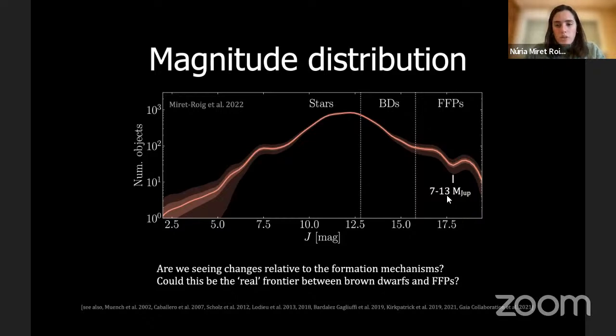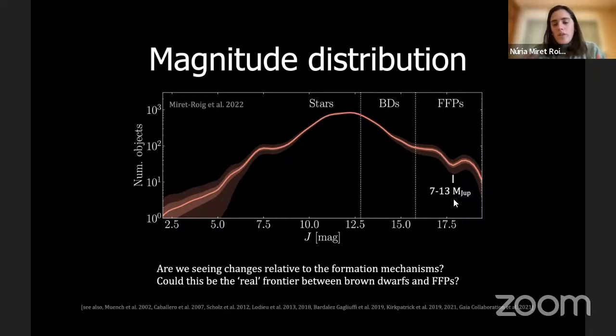One of the possible hypotheses to explain this dip is that this could maybe represent the frontier or the boundary between different formation mechanisms. However, this is only a hypothesis for the moment, and we need more samples and more models to confirm this hypothesis.